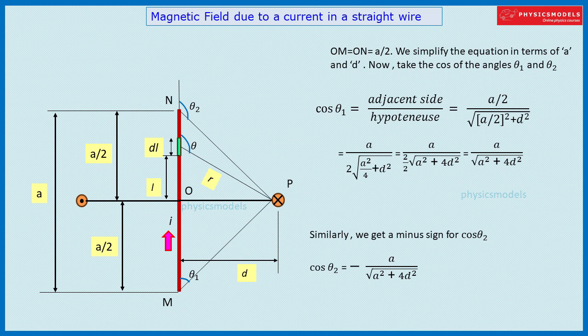Similarly, for the obtuse angle θ2, cos θ2 will be minus of A by root of A squared plus 4D squared. Let's now plug this into the main equation and see what happens.